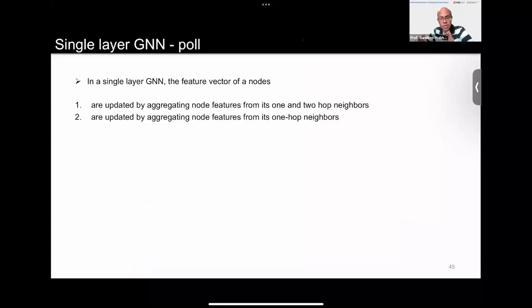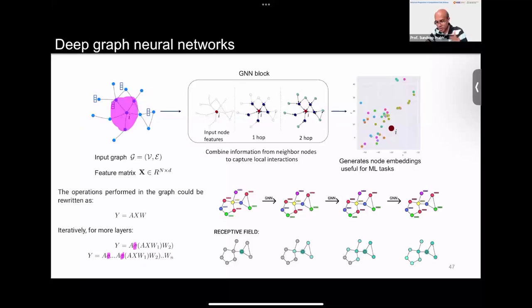So that's basically a single layer of graph neural network where you're aggregating information from its neighborhoods, right? Again, I think this is a poll question that I'm going to skip, where a single layer graph neural network is basically aggregating information from its one hop neighbors and then doing a transformation through a learnable weight matrix and biases.